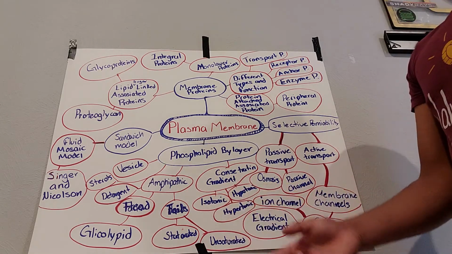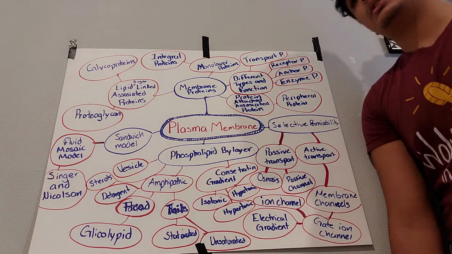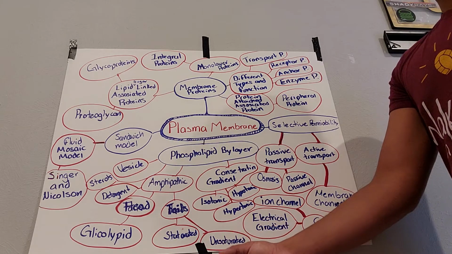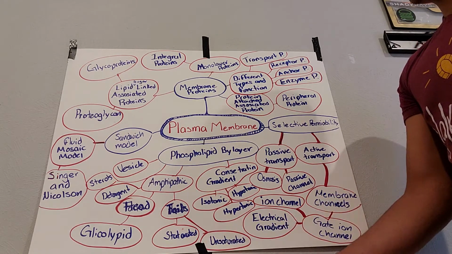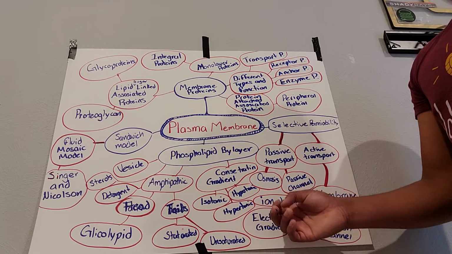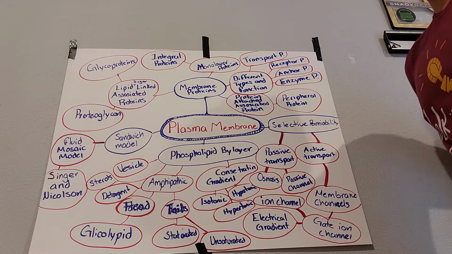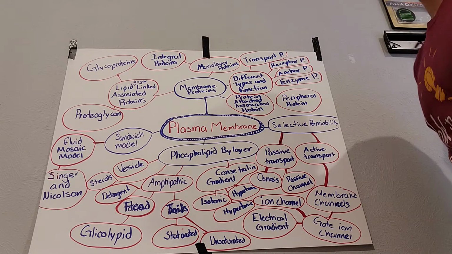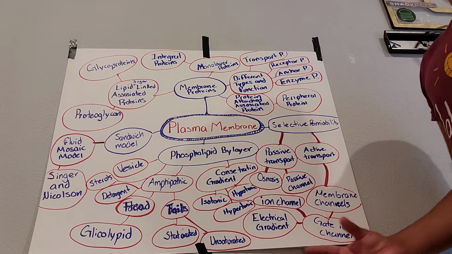So you have an isotonic solution, which would be a solution that is in equilibrium with the concentration inside the cell to outside of the cell. Hypertonic would be where the concentration in the cell is lower than the concentration outside of the cell, and hypotonic, where the concentration in the cell would be higher than the one outside of the cell.